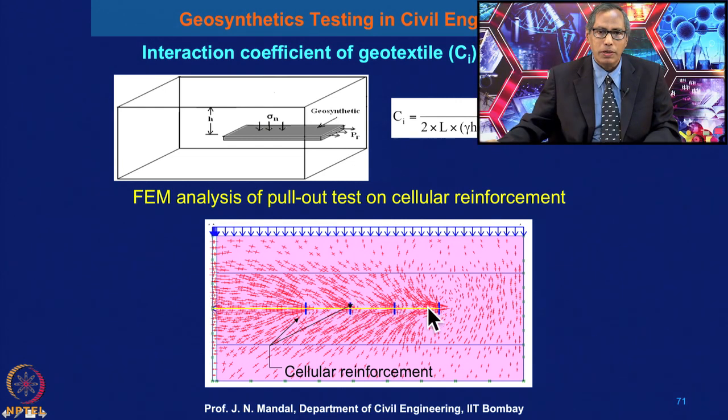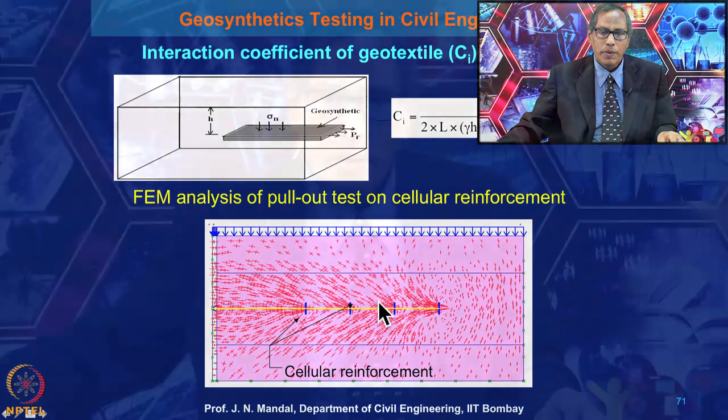That means it is a kind of geocell or geowave material, and this is the finite element analysis. You can see how the stresses are distributed along this geocell material. So, from this test we can determine the interaction coefficient of the material.